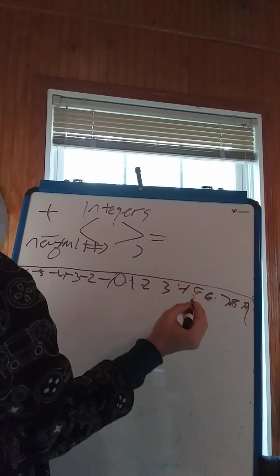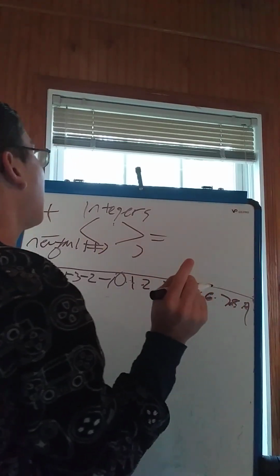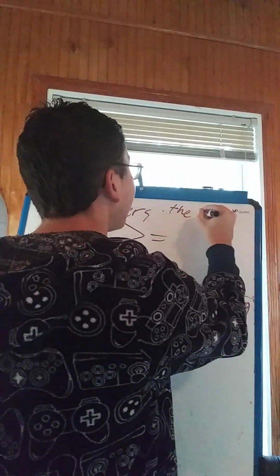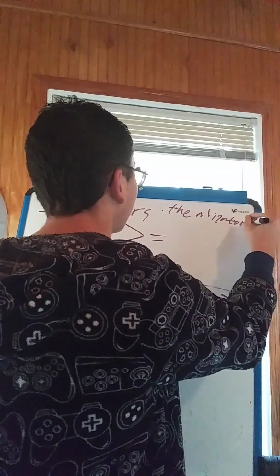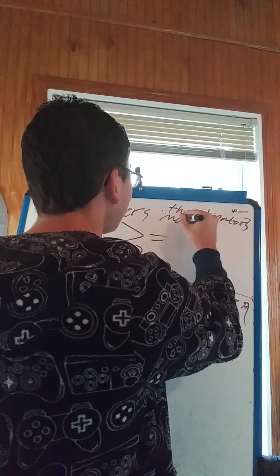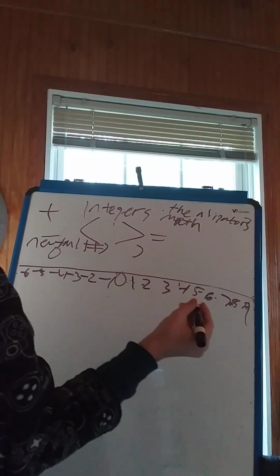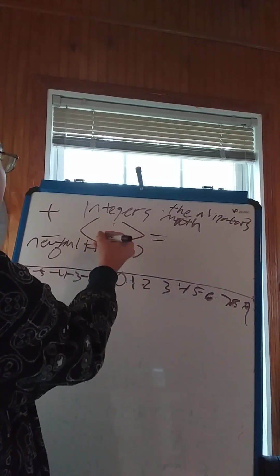Now there's a couple ways to think about this. One of which is the alligator, or the alligator's mouth. Doesn't this look like a mouth kind of shape to you?